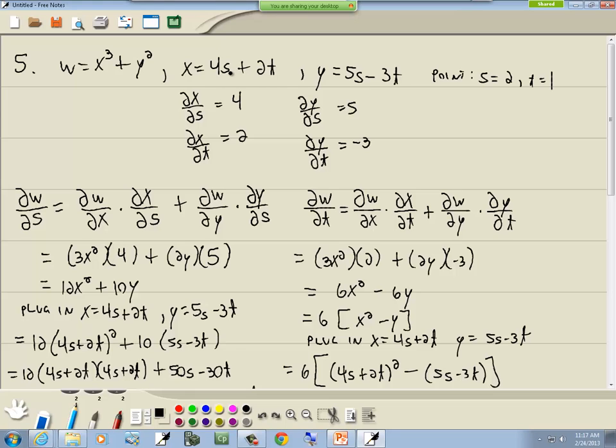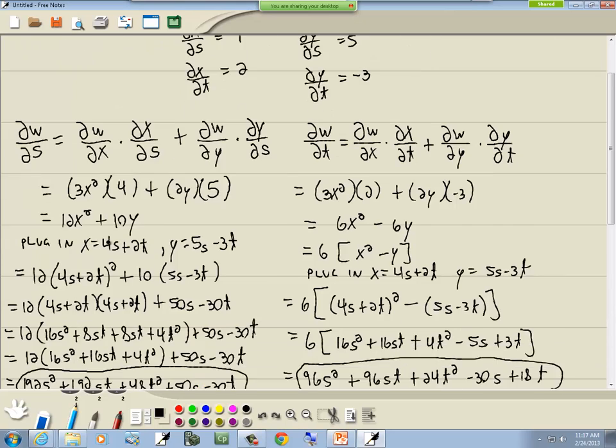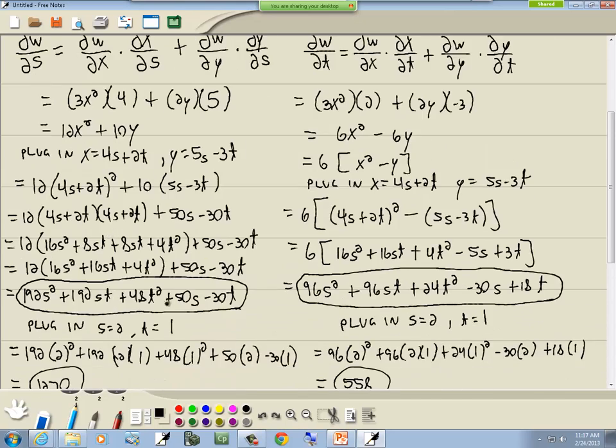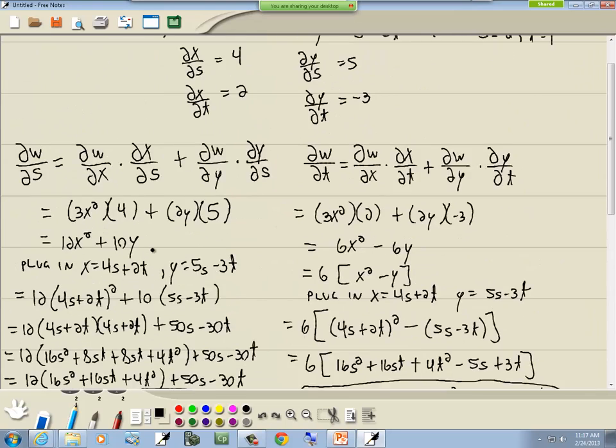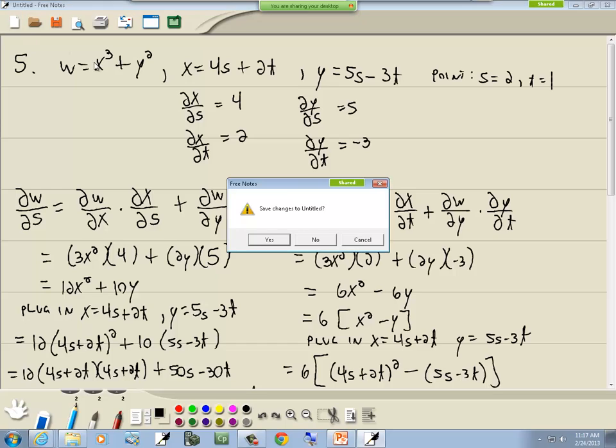You plug 2 in here, you plug 1 in here, and that gives us 4 times 2, which is 8, plus 2, which is 10. And then you plug that in for your x. But since they were wanting this, that's why I went and did that step. I don't think I did that in class. As you can see, it's not very nice.